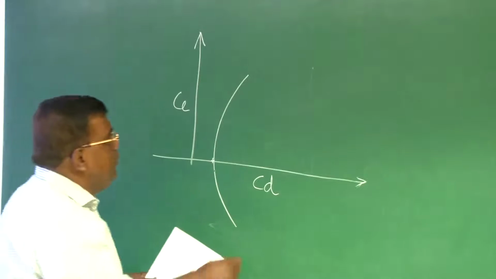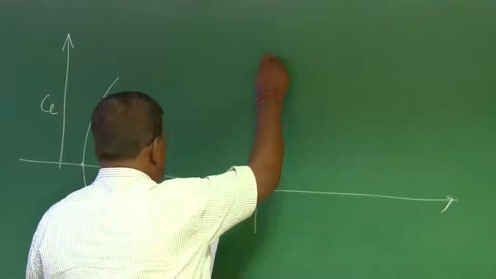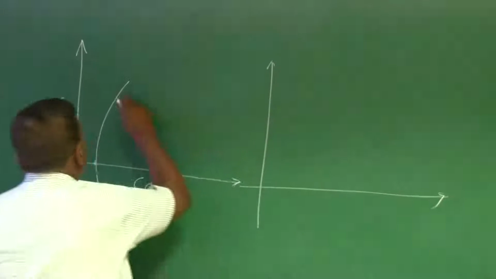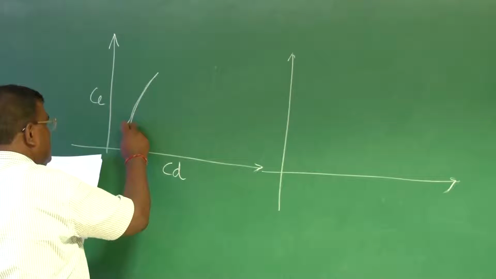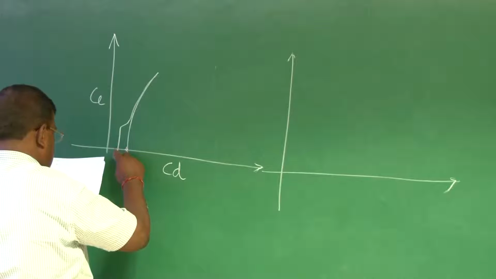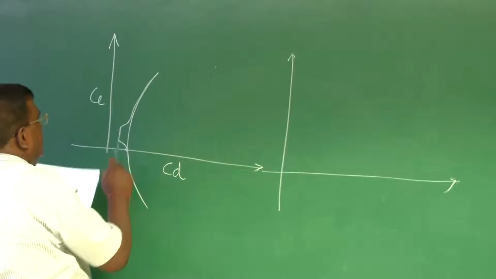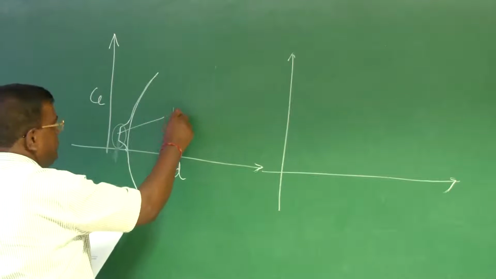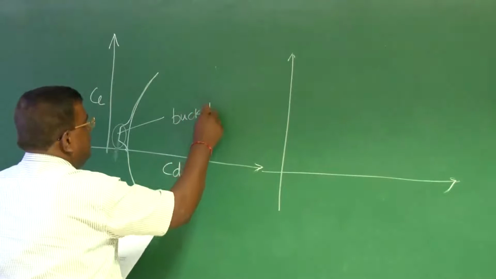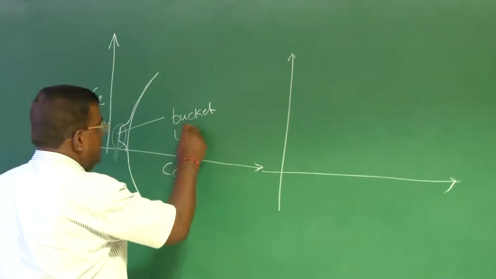Now the point is, you'll find the latest aerofoils which are being used, their shape not only looks like this, it may be something like this, then goes like this, and there is a bucket. There is a bucket like this. This is a bucket formation. Typically, this sort of aerofoil where CL by CD shows a bucket, we call it a laminar bucket.